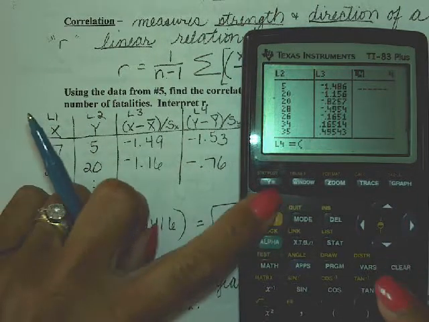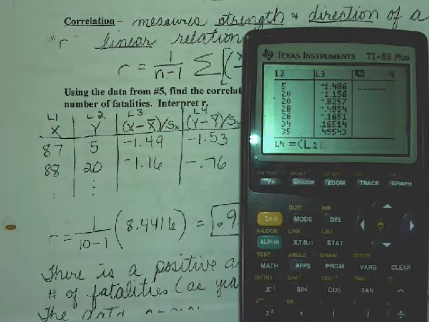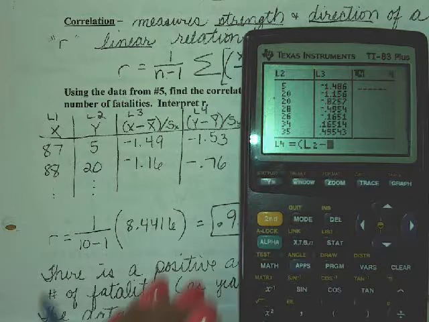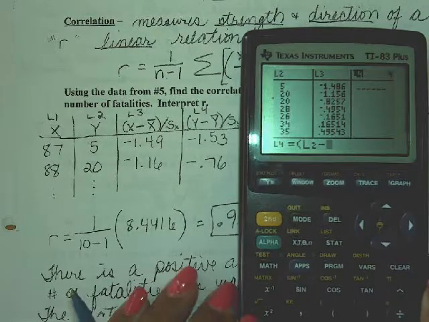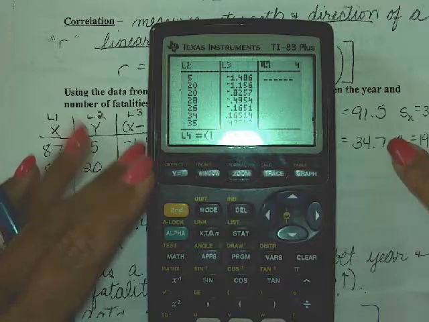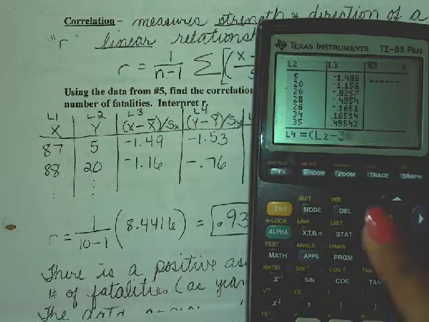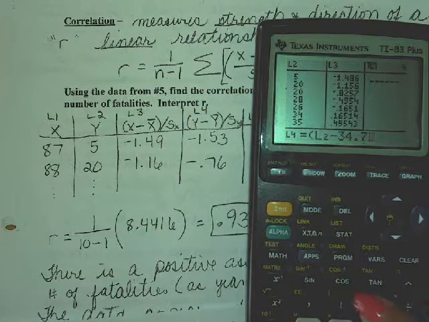So I have my left parenthesis, and I have list 2 minus the mean of the y values, which I know is 34.7, and it's a nice decimal number that I didn't have to round, so I'm just going to type in the 34.7. And now I'm going to divide it by the standard deviation of y.